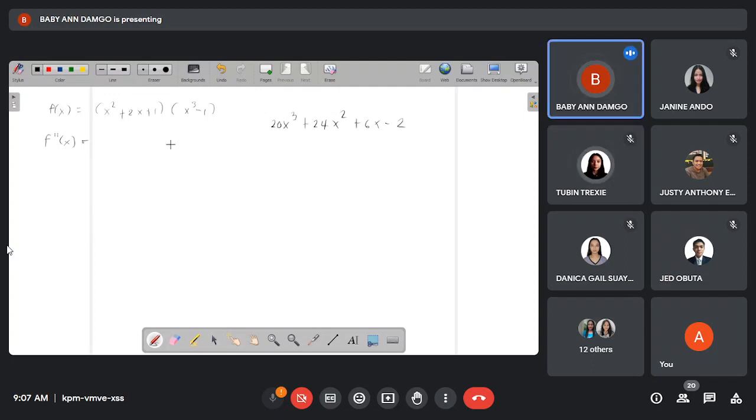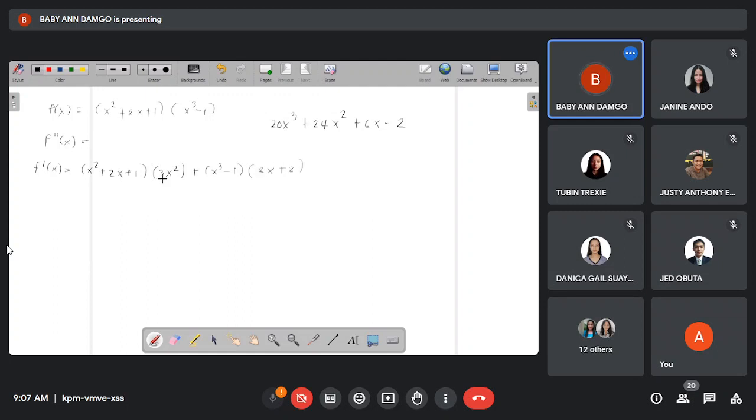Okay, let's try it. First, the first derivative. So we have x squared plus 2x plus 1 times the derivative of the other factor, which is 3x squared, plus x cubed minus 1 and then multiply by its derivative, which is 2x plus 2.